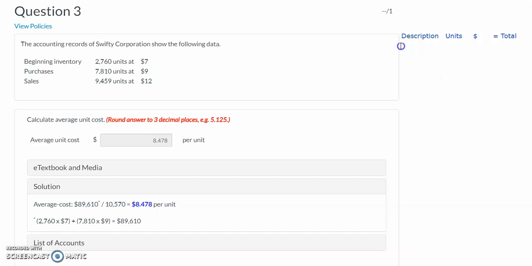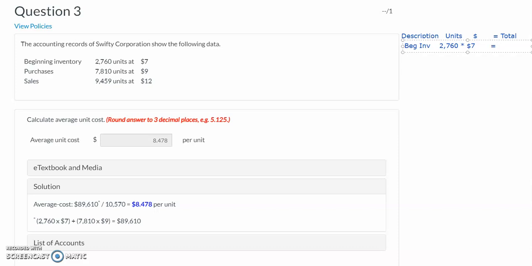All right, so I'm going to start off with my beginning inventory. For my beginning inventory, I have 2,760 units, and I'm going to multiply that by my cost per unit. When I purchased that inventory, I only paid $7 per unit.